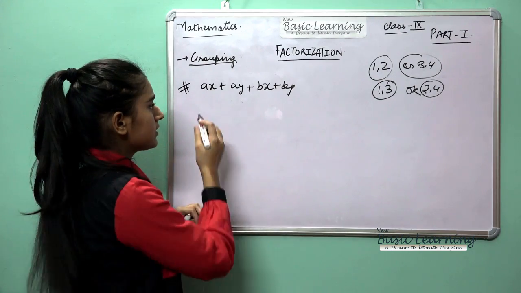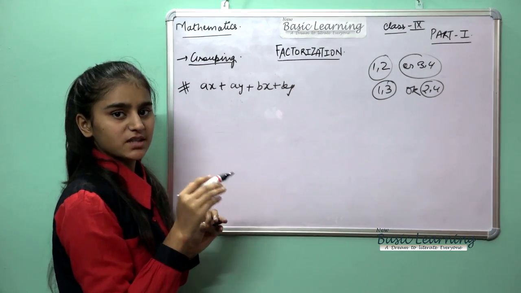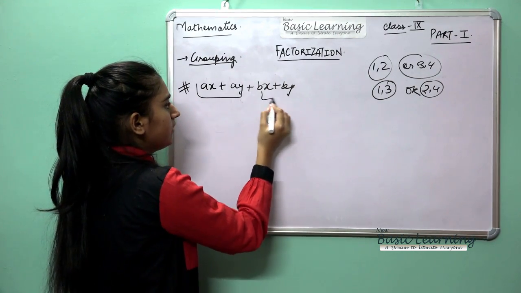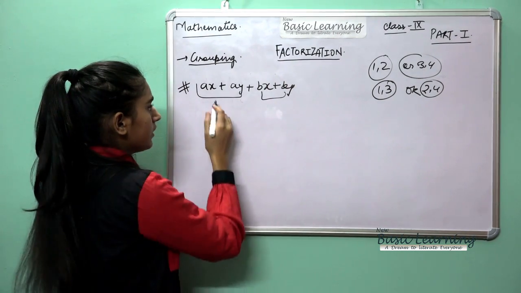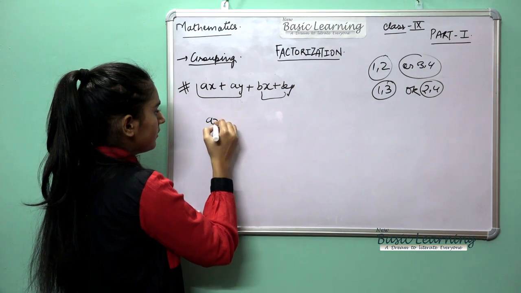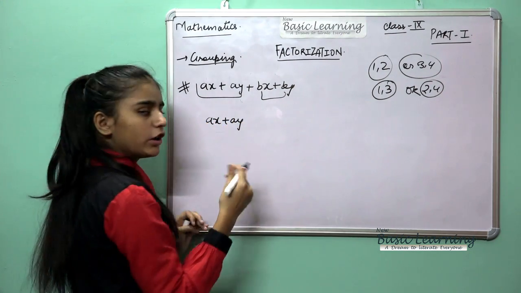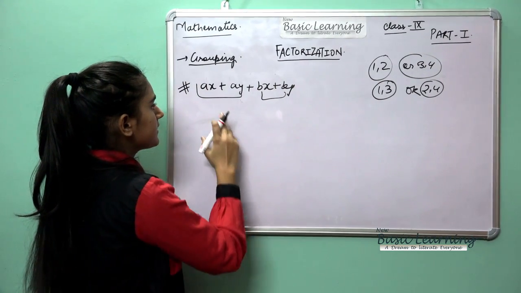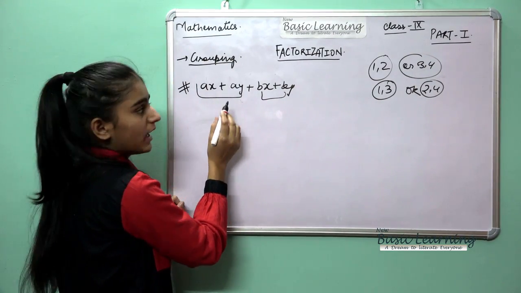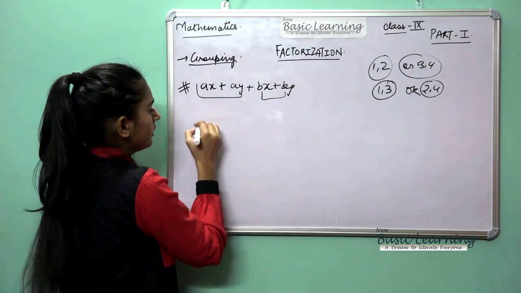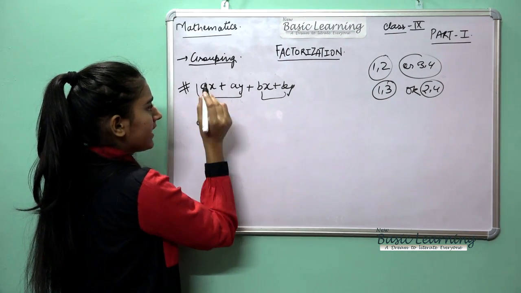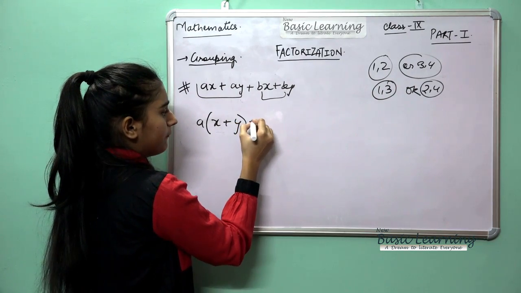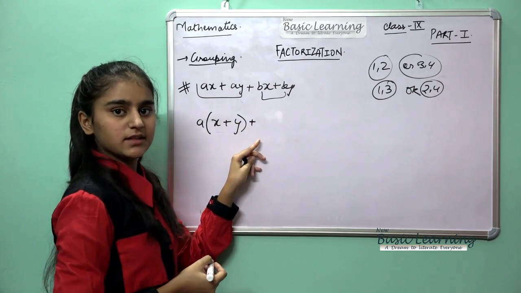Now the example was ax plus ay plus bx plus by. We will take the first and second, third and fourth, keeping each in a bracket. What is common in the first part? a is common. We take it out, x as such and y as such. We have to put the plus sign, that is important.